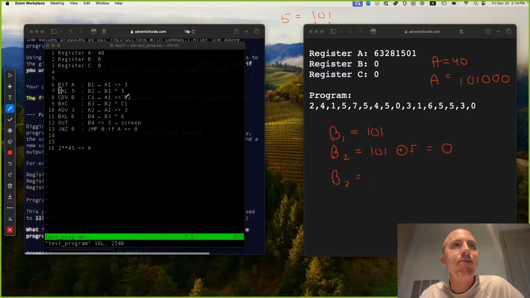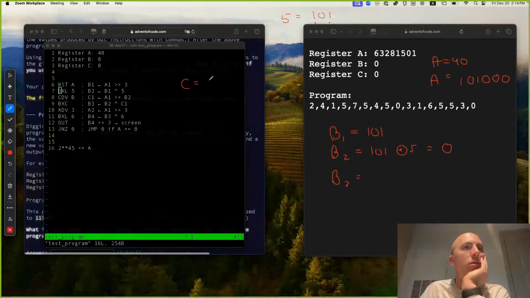So we need to factor that in. So now B3, depending on what C is, we can't just say, oh, let's let C equal 0. So C is equal to A1 shifted over by B2.